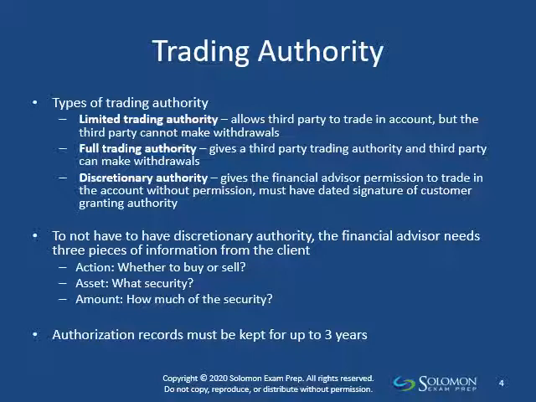You also have to know about the asset. What security? I want to buy Microsoft. You also have to know the amount. How much of the security? I want to buy 100 shares of Microsoft. If you don't have any of this information, if you don't have the action, the asset, or the amount, then you have to have discretionary authority in the account.